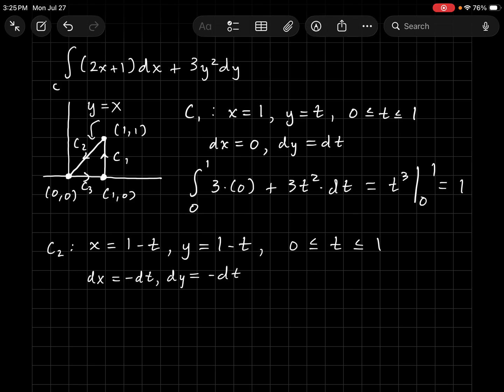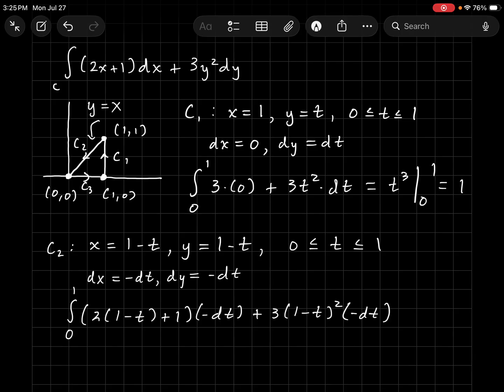So now when we plug in, we're going to get the integral from 0 to 1 of 2x, so 2 times 1 minus t, plus 1, times dx, negative dt, plus 3 times y squared, so 3 times 1 minus t squared, times dy, which is negative dt.